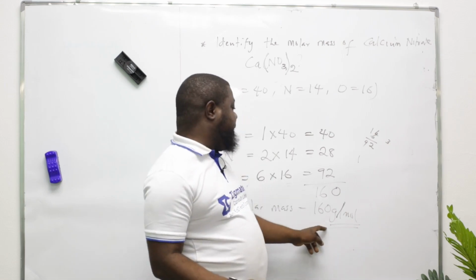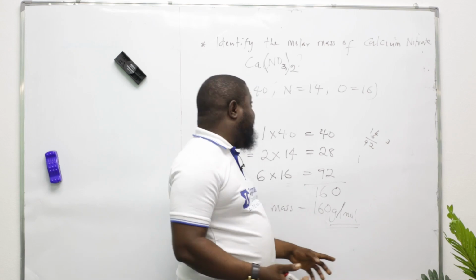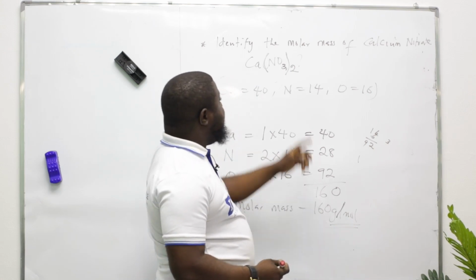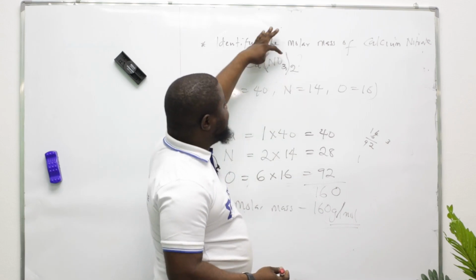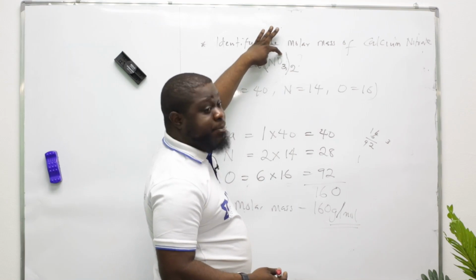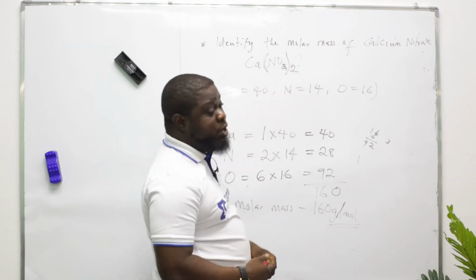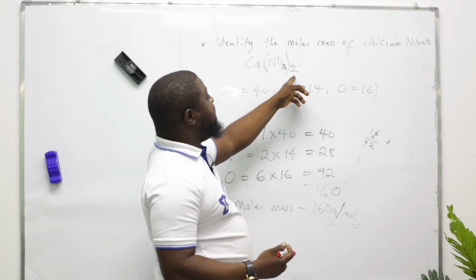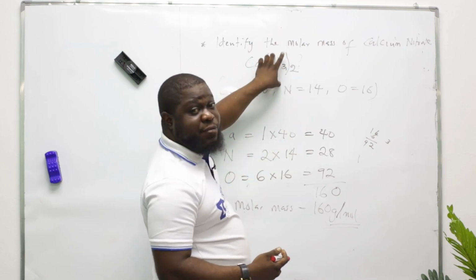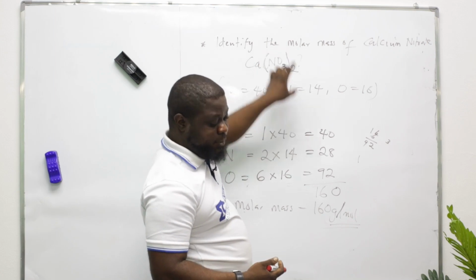But if I put 160 grams per mole, you know I am looking for the molar mass of a substance. Like I said, I want to come again. This 2 affects what is inside this bracket. So anytime you see this kind of question, you just know that the 2 is the number of atoms inside the bracket, the nitrate, so it's going to affect every single thing in the bracket.